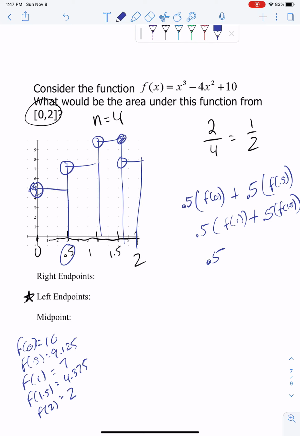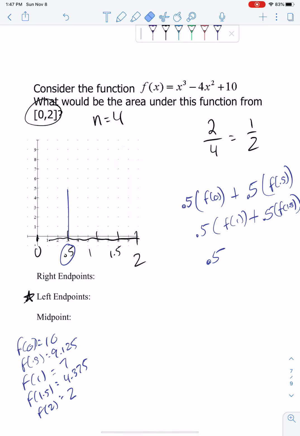So instead of this fake graph right here, just to give us some sense of where we're at, we're going to call this 1, this 1.5, this is going to be 2, this is going to be 0.5, and this will be 0. So at 0, I'm up here at 10. At 0.5, I'm up at 9.125, which is like right here.